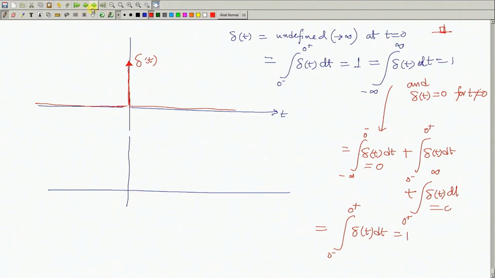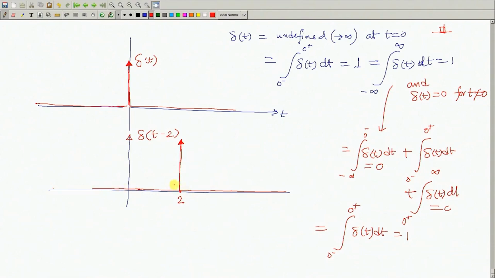Now, let us see the shifted version of delta(t). Suppose I say sketch delta(t minus 2). So, delta(t minus 2) will be, suppose this is t equal to 2, the impulse will be sitting at t equal to 2. Elsewhere it will be 0. So, the impulse is occurring at t equal to 2.